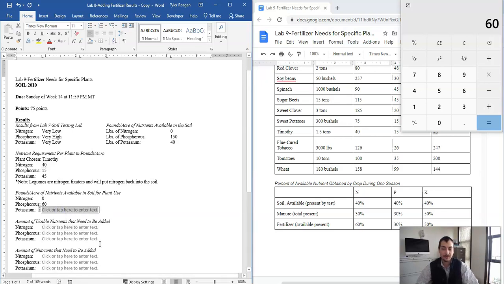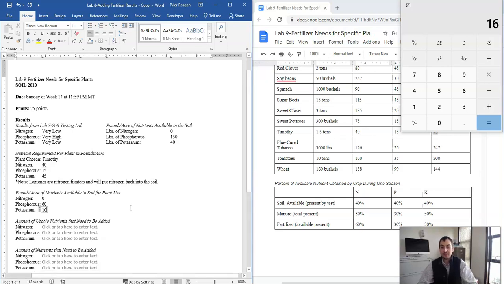Let's go ahead and figure it out for potassium. So we have 40 pounds of potassium in the soil that is available, but the plant is only going to use 40% of it. So really and truthfully, we only have 16 pounds of potassium in the soil that the plant is actually going to use in year 1. There's 40 pounds available, but the plant is only going to have access to 16 pounds of that, or 40% of that.